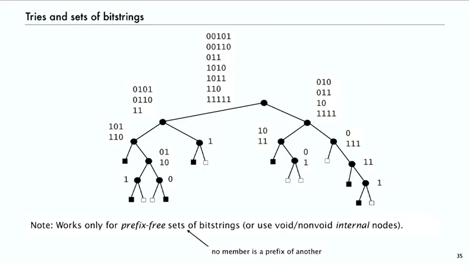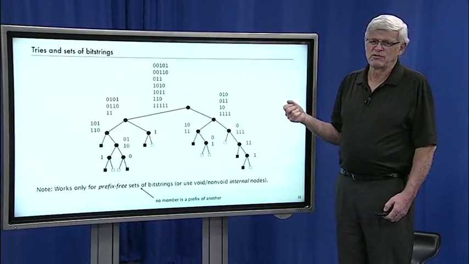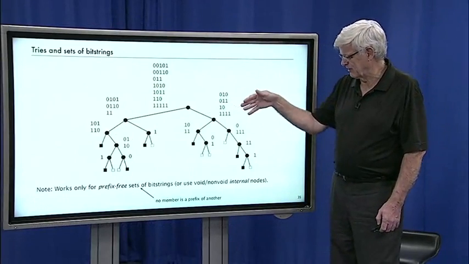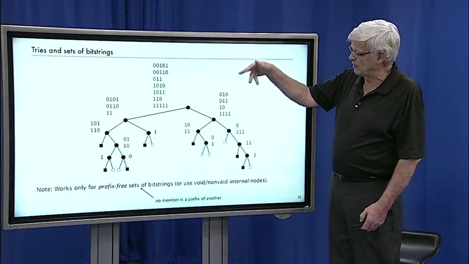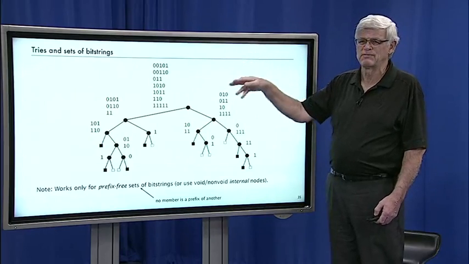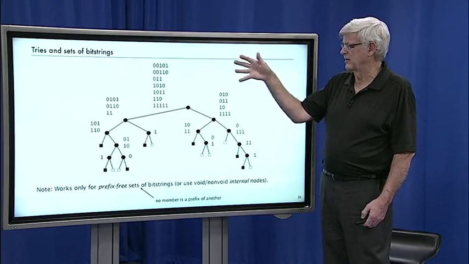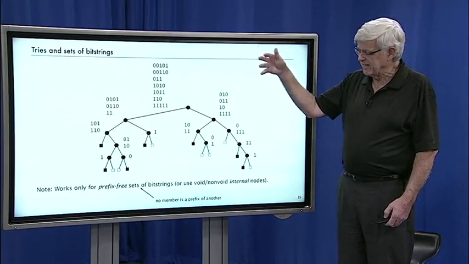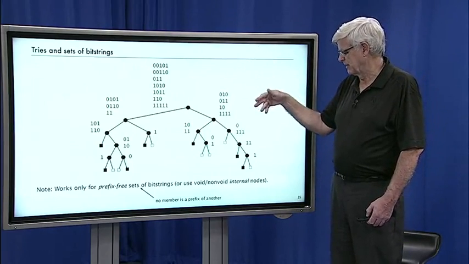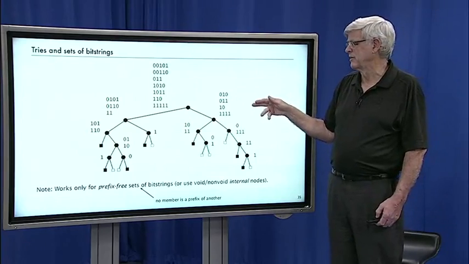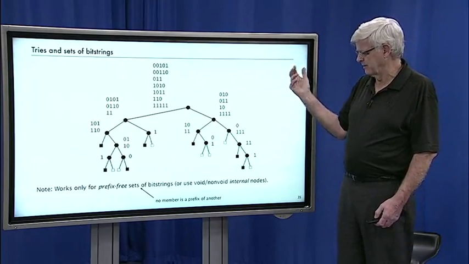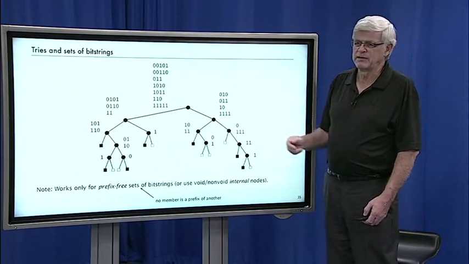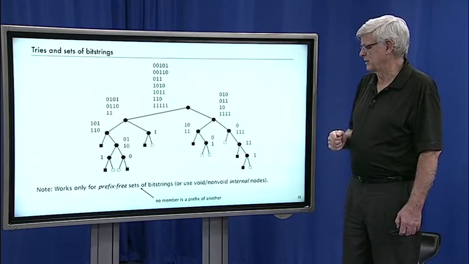Now this only works for sets of bit strings that are said to be prefix free. So that is, no member of this set of bit strings is a prefix of another one in that set. We can handle that by using void and non-void internal nodes, but in applications I'm going to talk about that are typical, it's okay to just work with prefix-free sets.